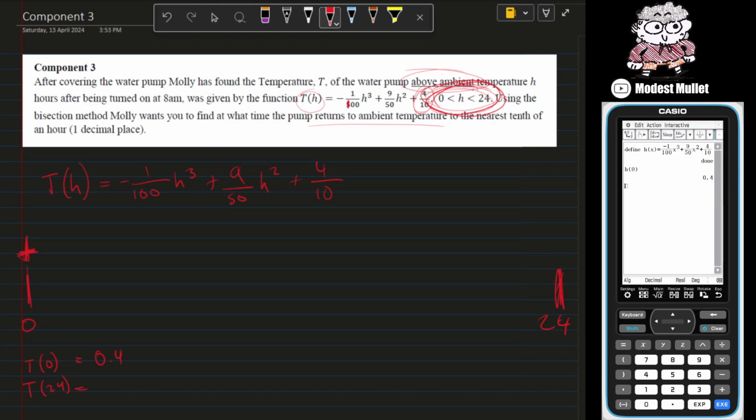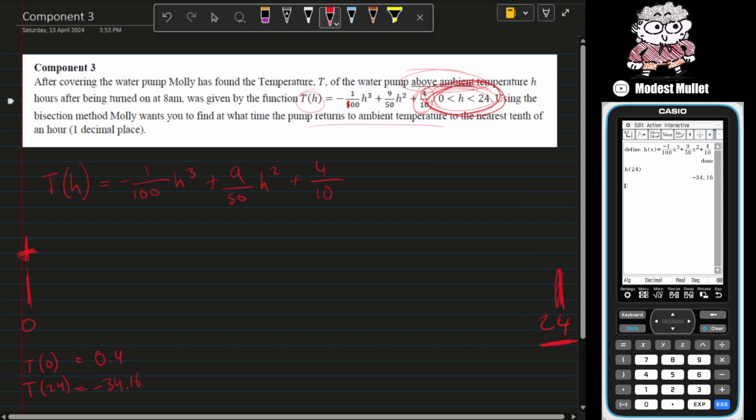And then at t of 24, put 24 in our calculator. We get negative 34.16. So we're getting a negative value. So we're positive there, and we are negative at 24.